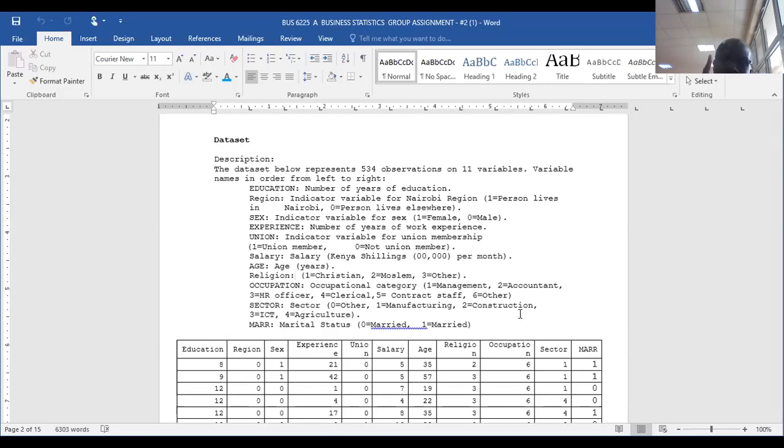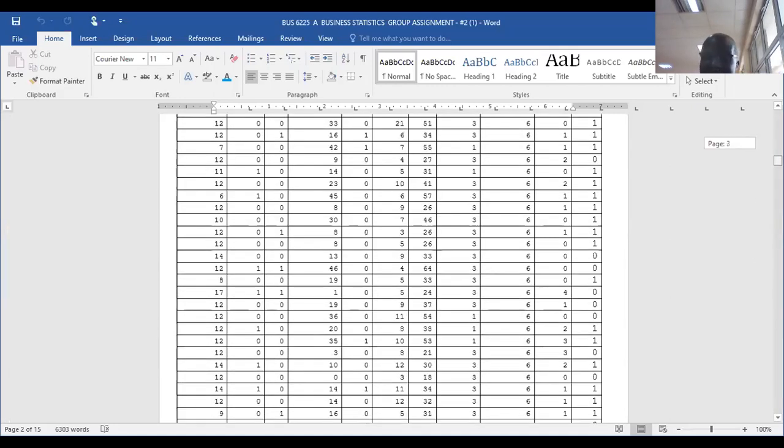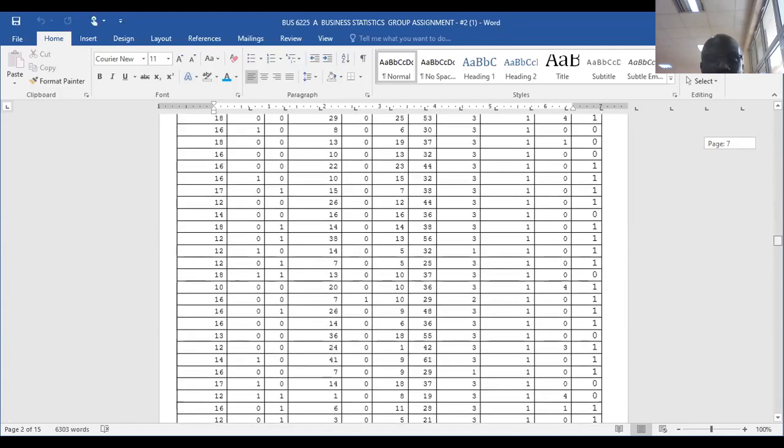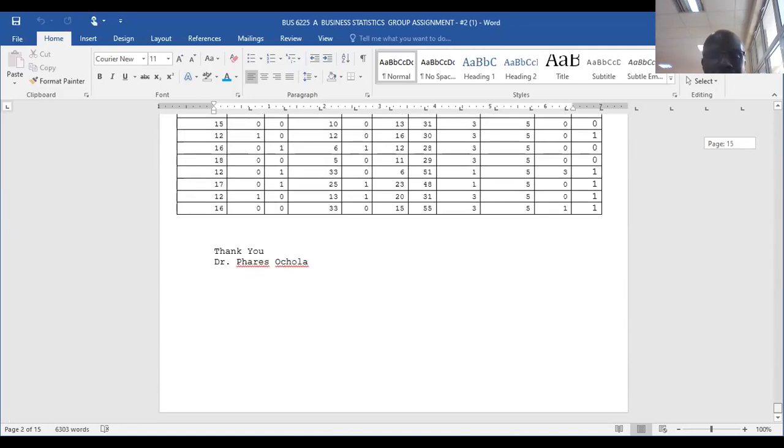So you are using SPSS to analyze this data. You have collected your data from 534 respondents. It means you gave them a questionnaire, say, and you collected data from all of them.